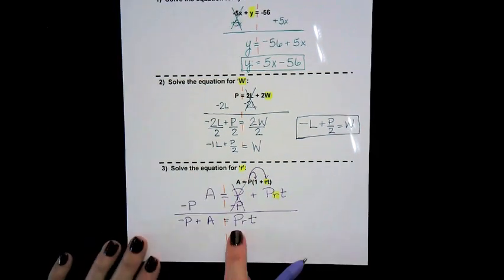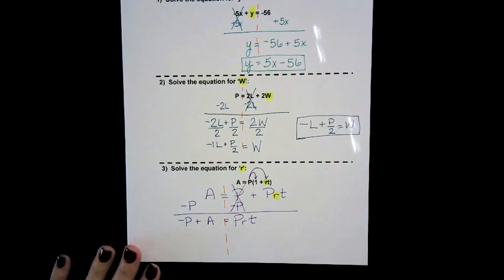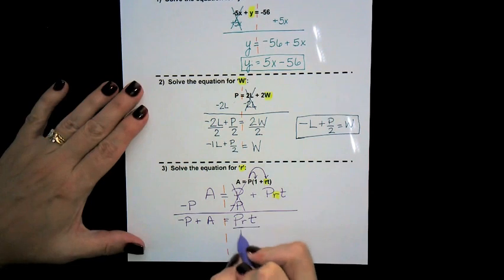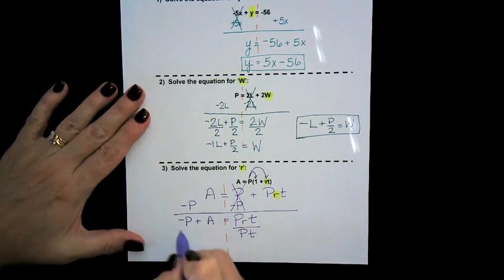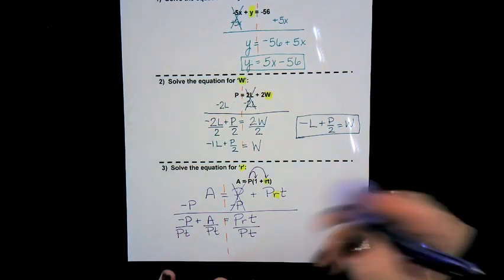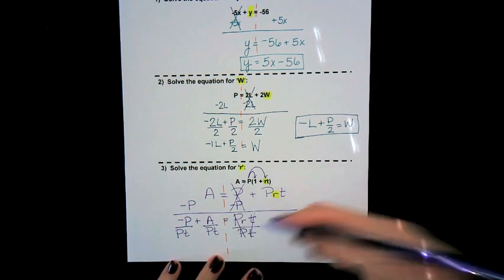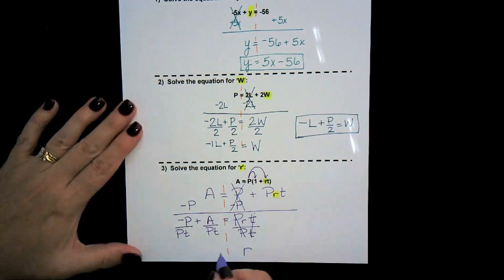Now I'm ready to get rid of the multiplying by p and t. So I'm going to do the opposite, which is to divide by p and t. Remember how we did it? We divide them individually. So dividing by p, multiplying by p cancel, t's cancel. I get r equals.